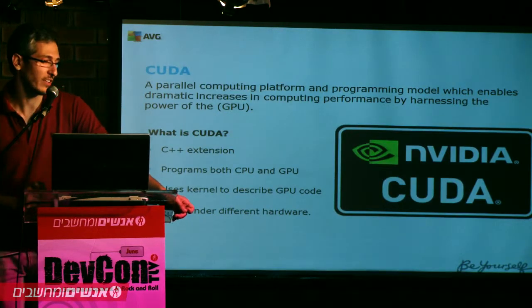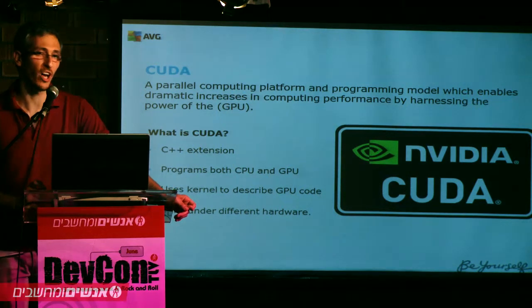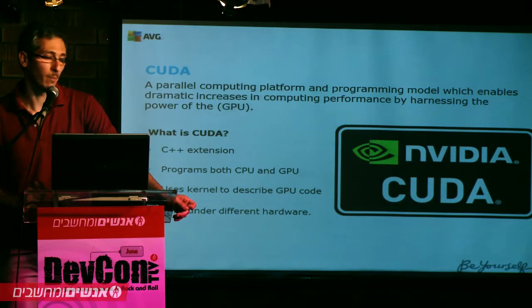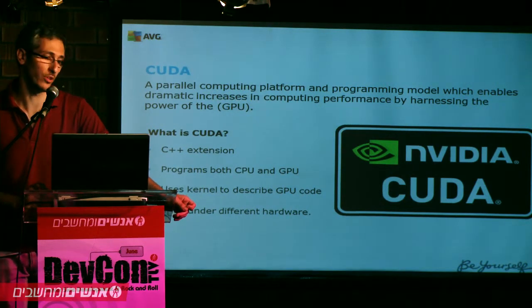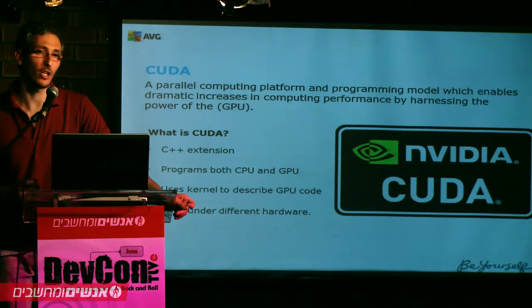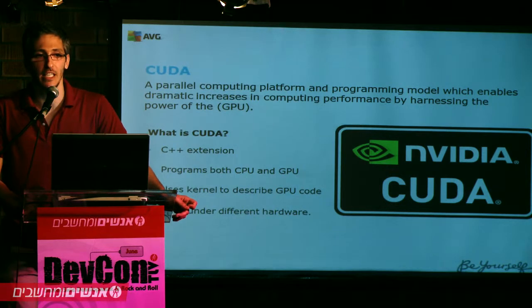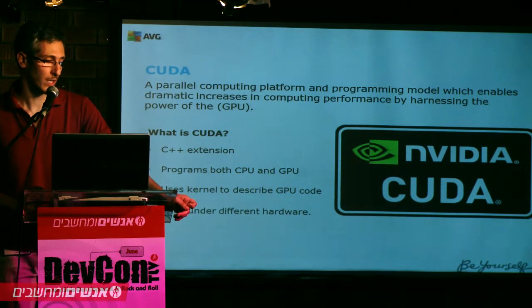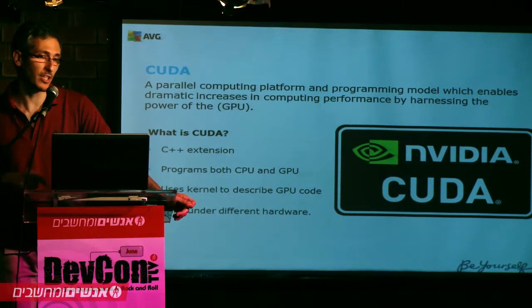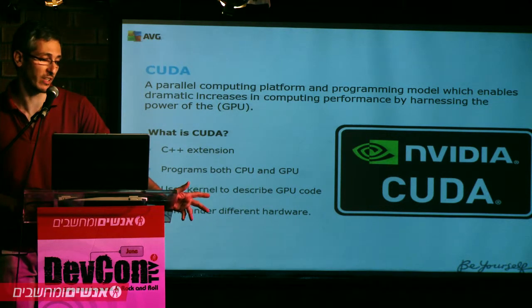Right, so up until the introduction of CUDA or OpenCL, programming the GPU was not that simple. People would have to hack or know GPU assembly, but people figured out that there's a lot of potential within GPUs, so NVIDIA came up with CUDA, which is basically a parallel programming platform. I've been using C++, and CUDA is an extension to C++.